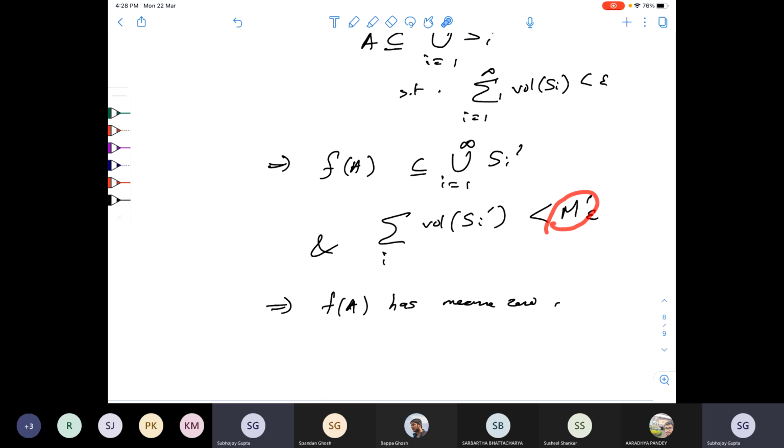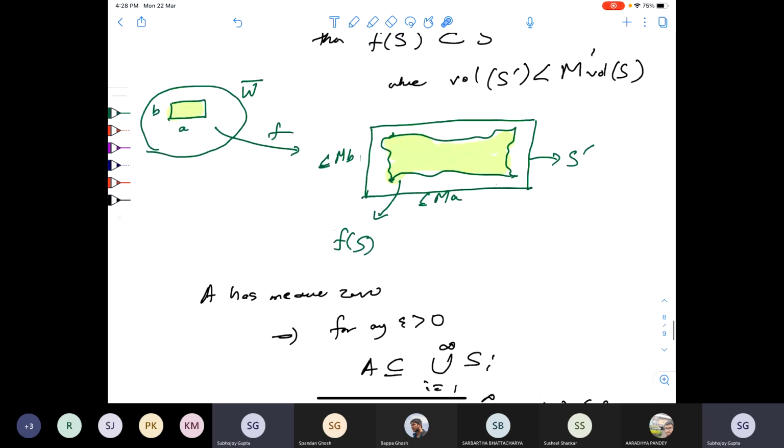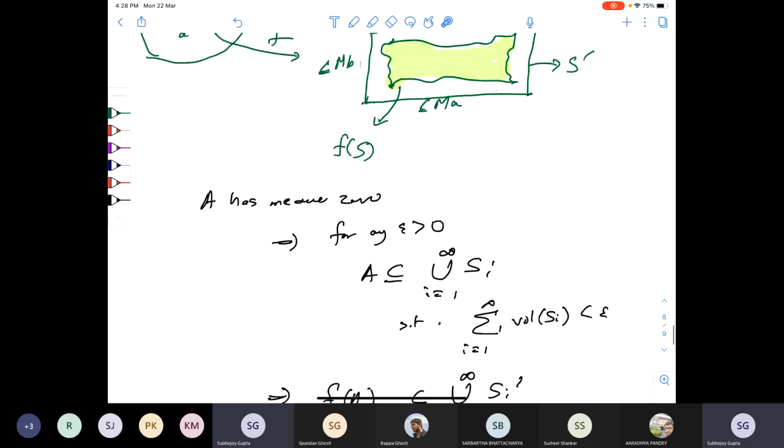Of course, this M_i times epsilon, you might as well just say epsilon here. So this is the proof of why the image under a smooth map of a measure 0 set has measure 0, if one defines measure 0 like we did.